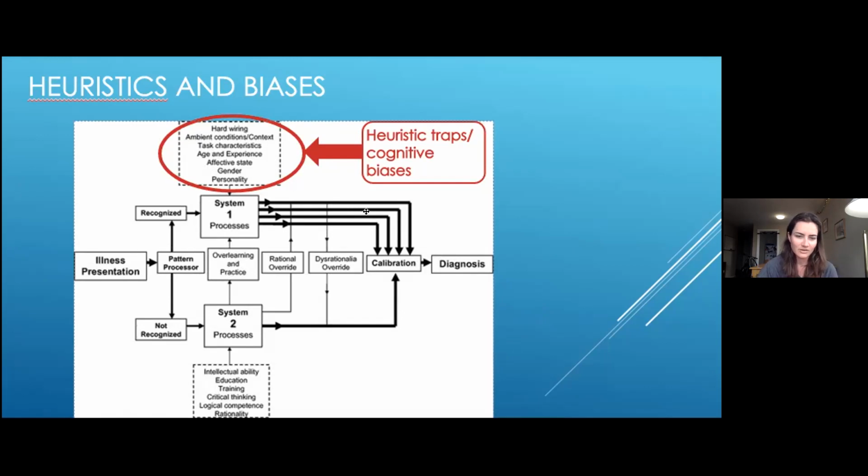There are all sorts of external factors to our knowledge base that are going to influence our ability to make those decisions well. So I think in this graphic, those heuristic traps and cognitive biases are what they're trying to encompass in this hard wiring, whatever that's actually supposed to mean up here.